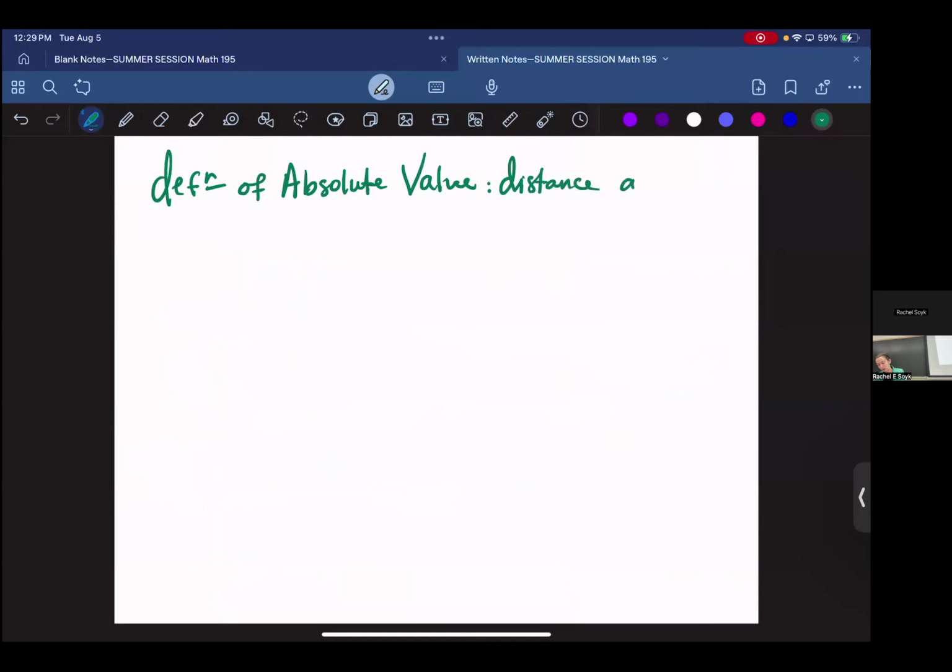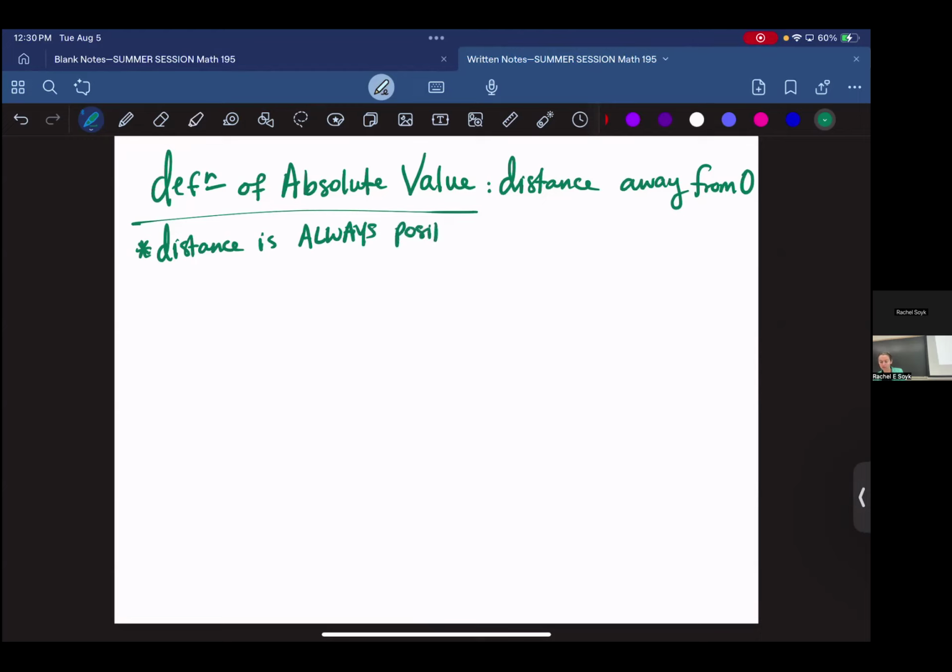Distance away from 0. And then we have distance is always positive. So if we look at this from a number line standpoint, we have 0.